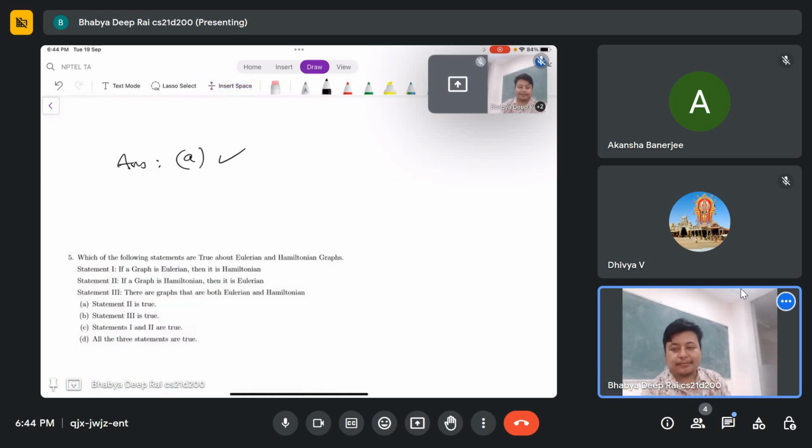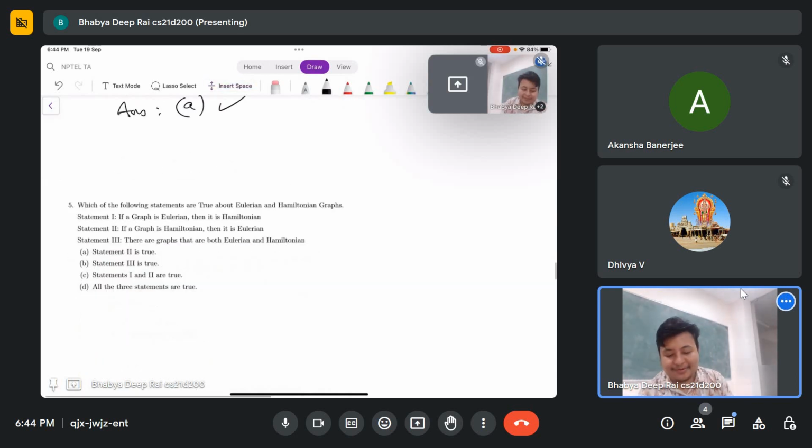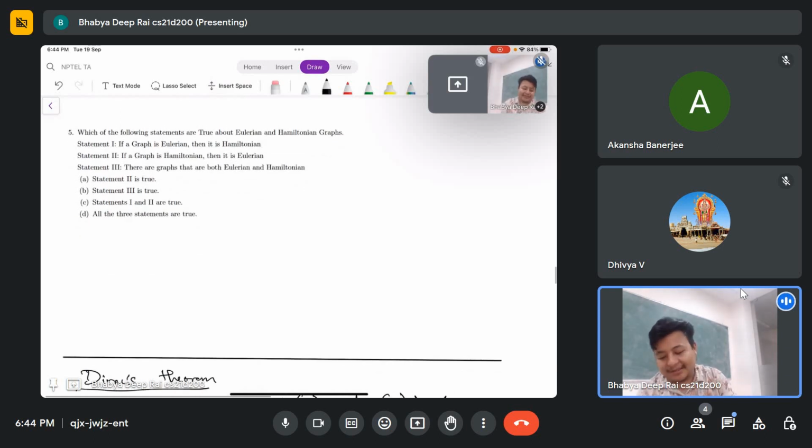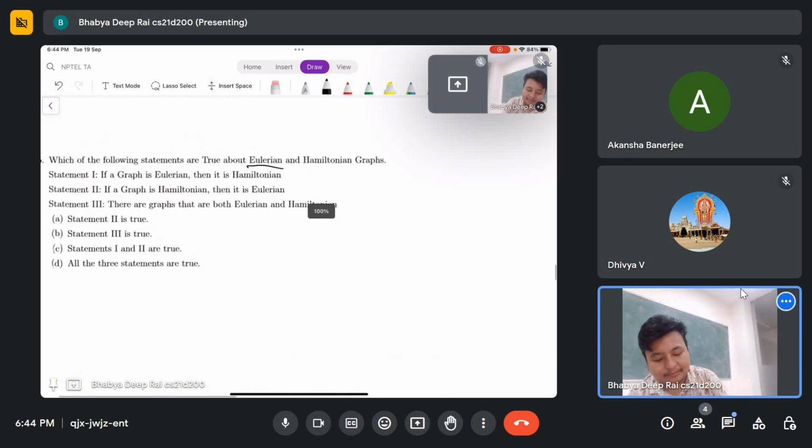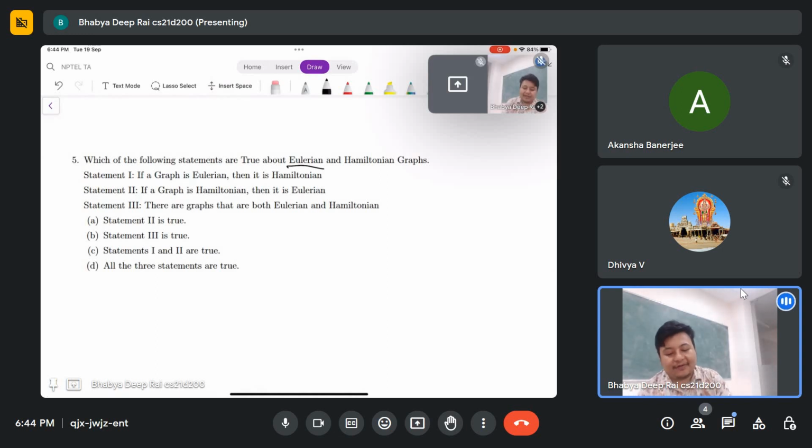But so now think about those things. Let's observe this question. Which of the following statements are true about Eulerian and Hamiltonian graphs? If a graph is Eulerian, then it is Hamiltonian. If a graph is Hamiltonian, then it is Eulerian.